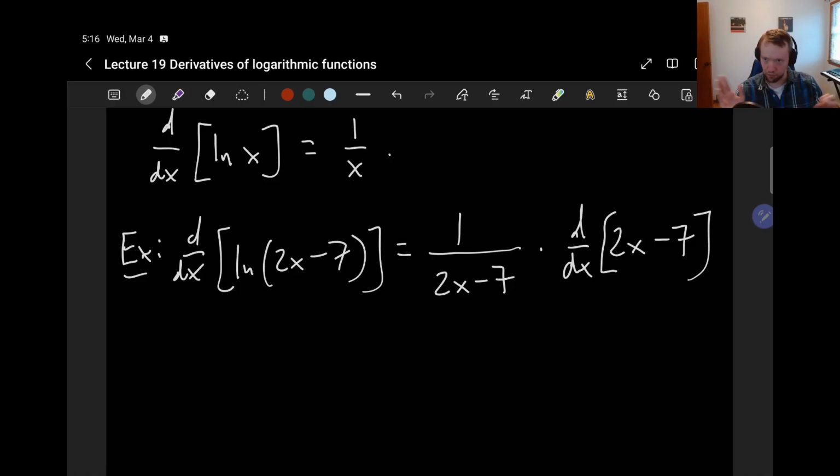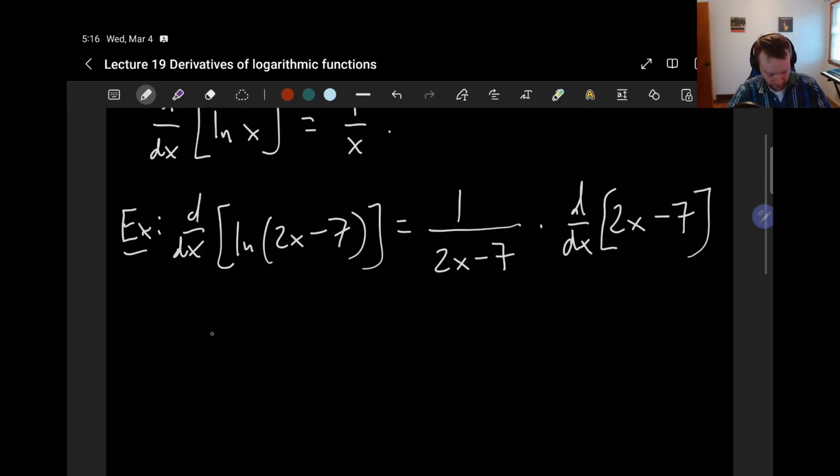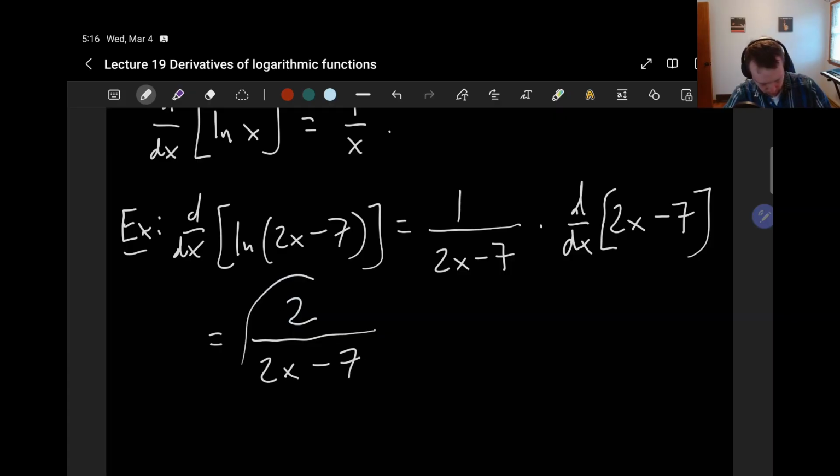So, just chain rule, that's what I've done. And the derivative of this is just 2, so I'll go ahead and write it up in the numerator. And there we go.